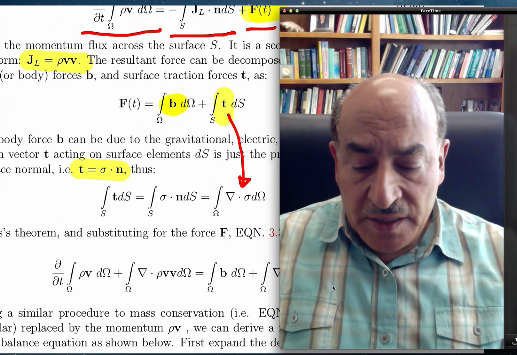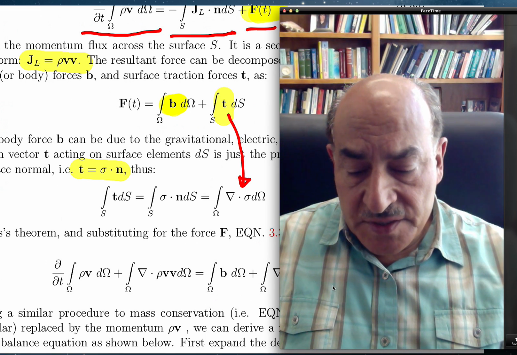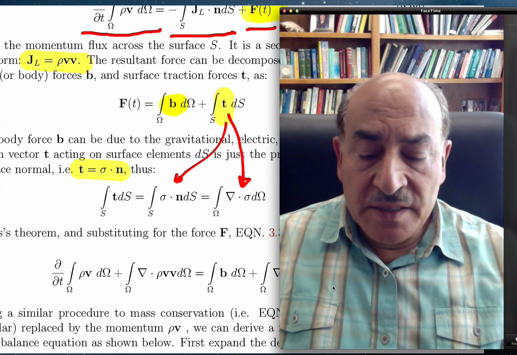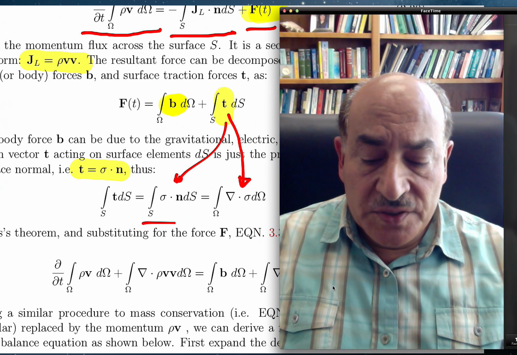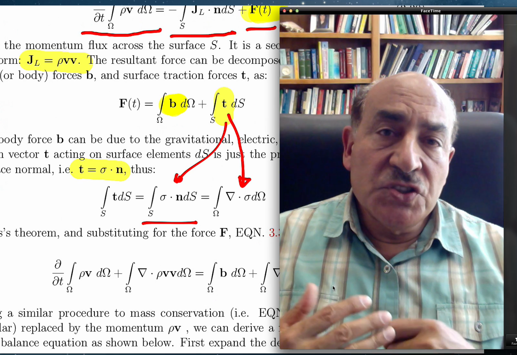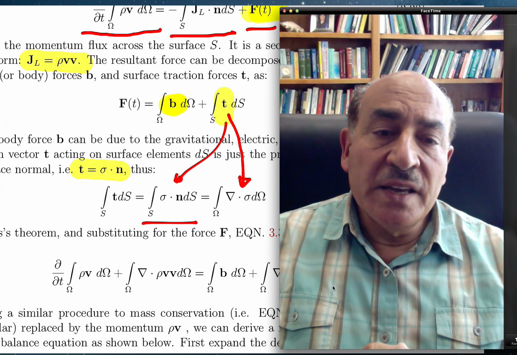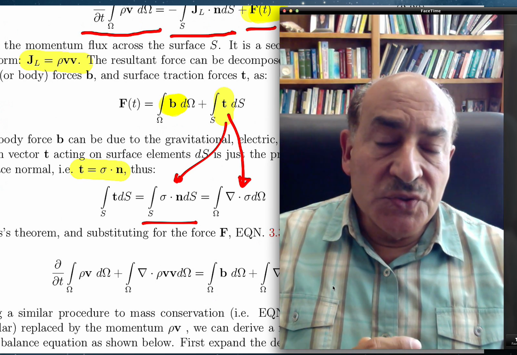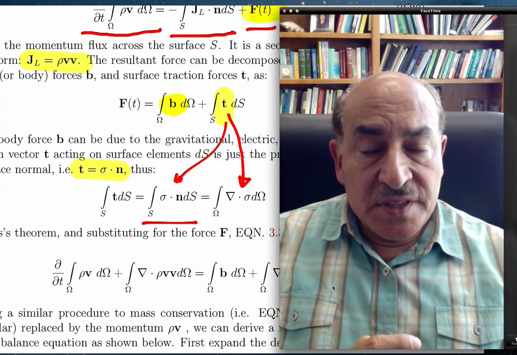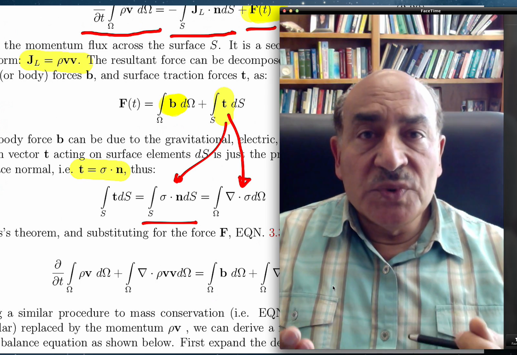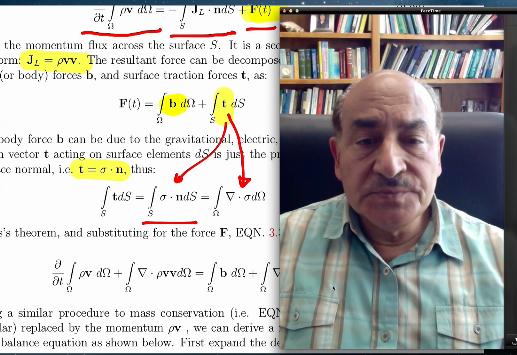Which is right here, this is sigma dot n, and this is over the surface integral, and you change the surface integral to a volume integral by using the divergence theorem, or what we call Gauss's theorem.